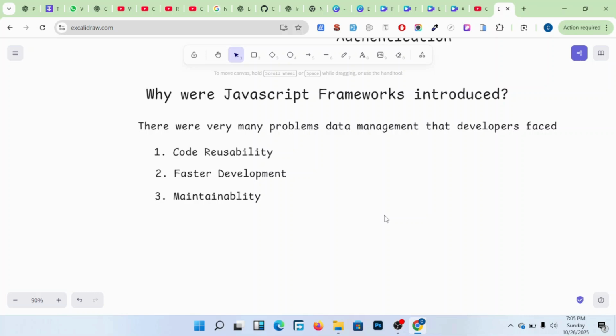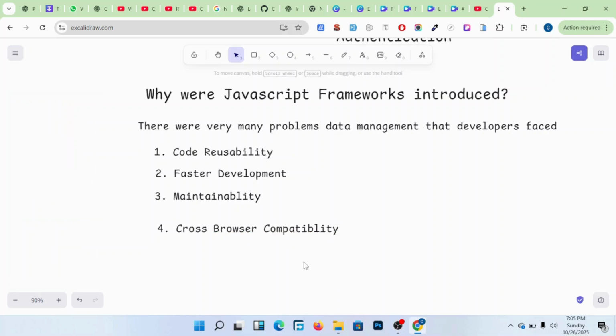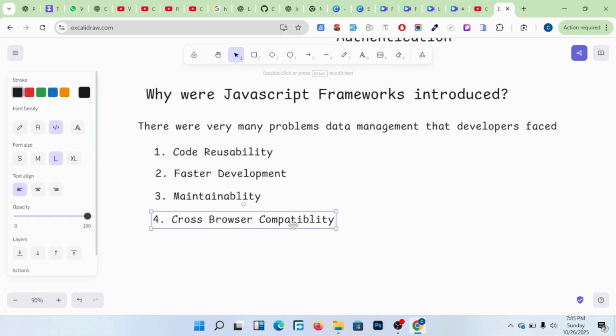There was another problem of cross-browser compatibility, a very severe one.